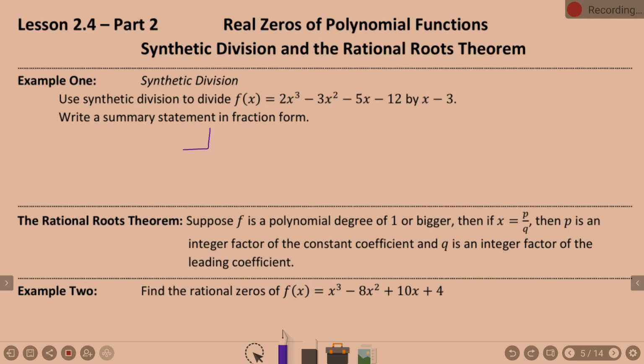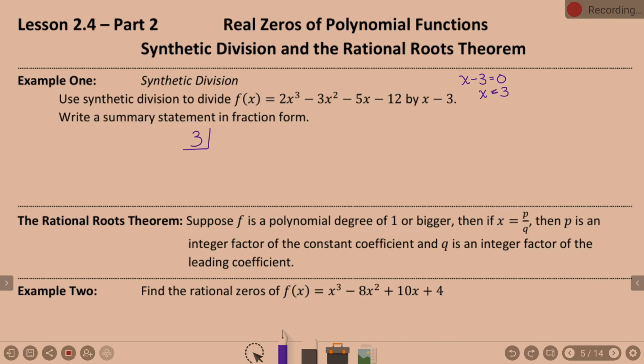Now, what are we dividing by? Officially, it's x minus 3. What number represents that? We're dropping all of our variables, so think of it as x minus 3 equals 0, and you solve that. We're going to be using 3.